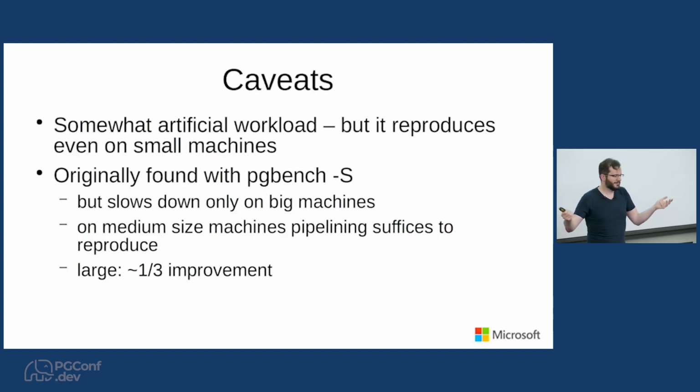So what caveats are there to this kind of thing? Most of the time, you're not going to immediately see a benefit as big as 1.43x. This problem that I analyzed, I initially found with PGBench-S, and I was somewhat surprised to see this problem.